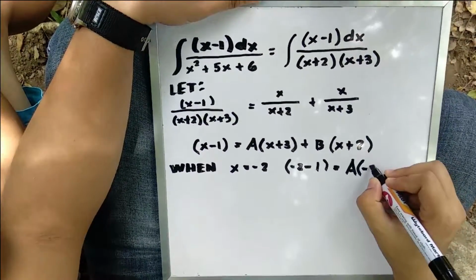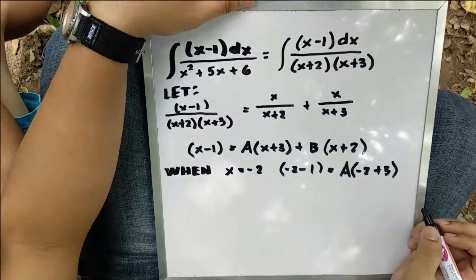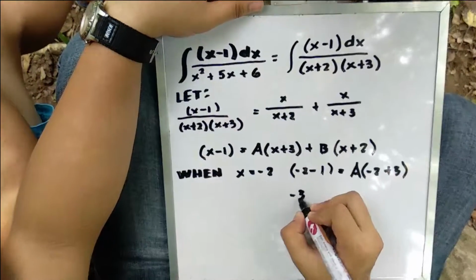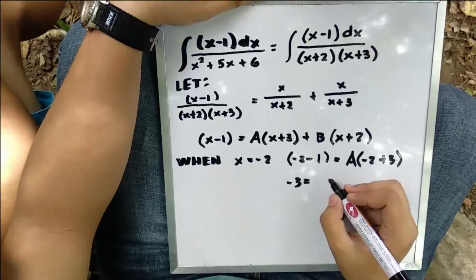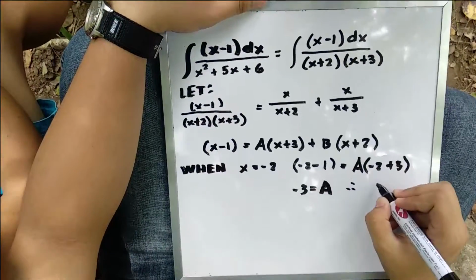We substitute them. When x is equal to negative 2, then negative 2 minus 1 equals a times negative 2 plus 3. Negative 3 is equal to a, therefore a is equal to negative 3.